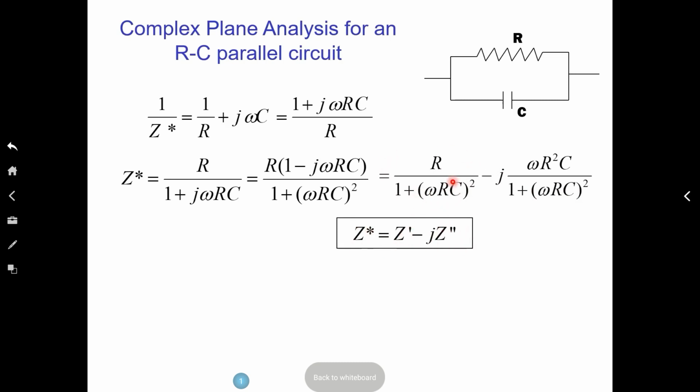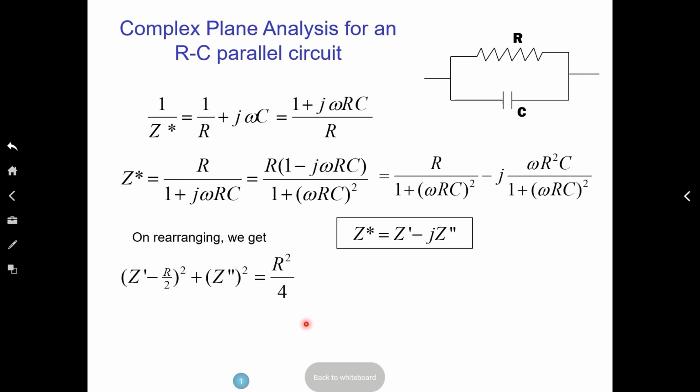For a parallel circuit like this, you can actually show that the real part Z prime and the imaginary part Z double prime are connected by a relationship that looks something like this: Z prime minus R over 2 squared, plus Z double prime squared, equals R over 2 squared.